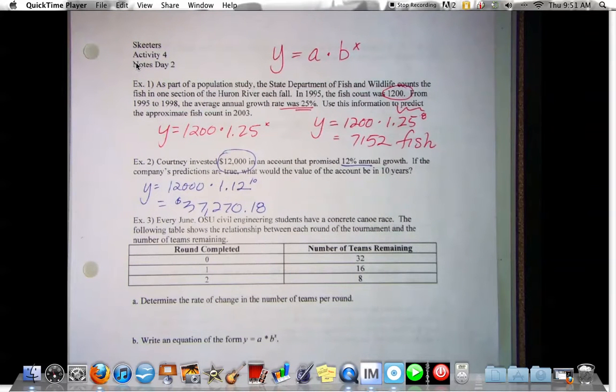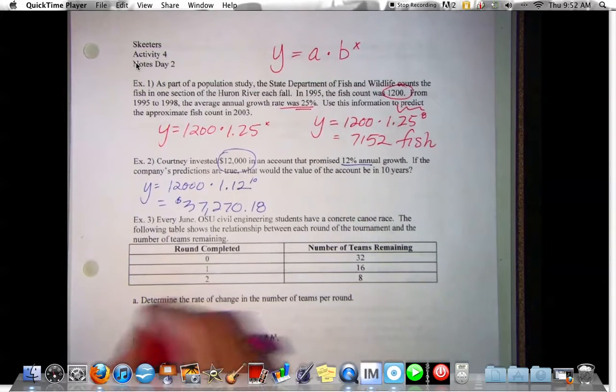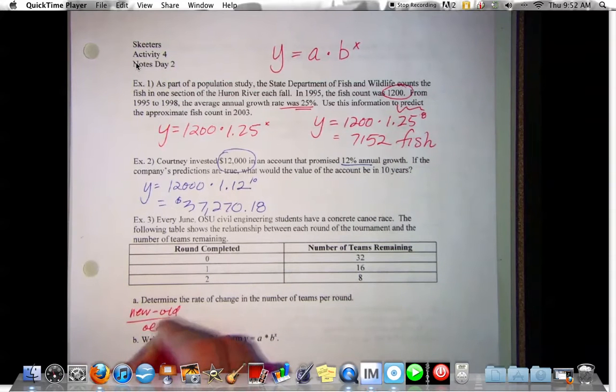Every June, OSU civil engineering students have a concrete canoe race. The following table shows the relationship between each round of the tournament and the number of teams remaining. Determine the rate of change in the number of teams per round. How do I find the rate of change? New minus old divided by old.